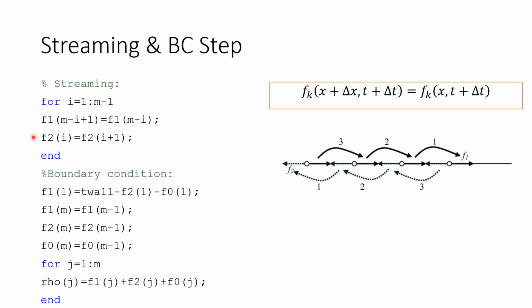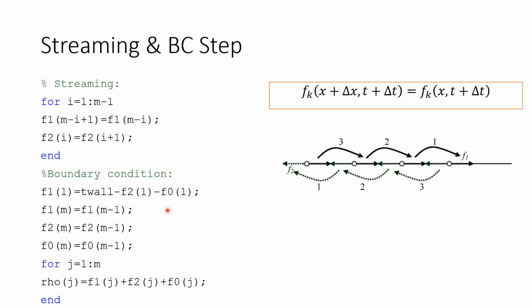And then for f2, we would first update the value of f2 at I, which is at the first lattice, and that will be equal to the f2 at the lattice right next to it.